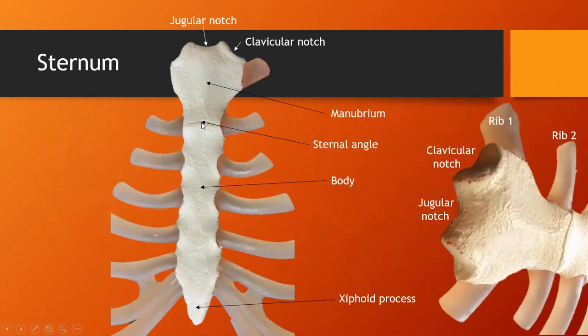And then finally is the xiphisternal joint, which is the point where the sternal body and the xiphoid process meet. So that is the sternal body here. And it's not really clear to see here, but there's also a line indicating a fused portion. So the xiphoid process and the sternal body have fused.